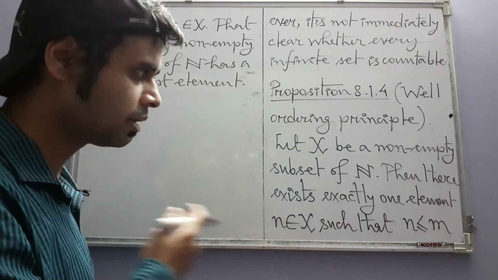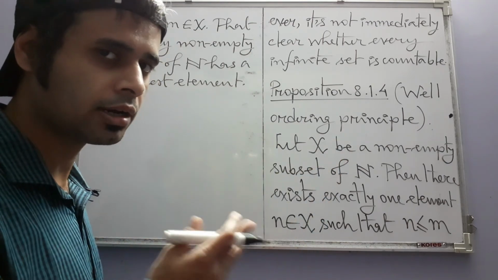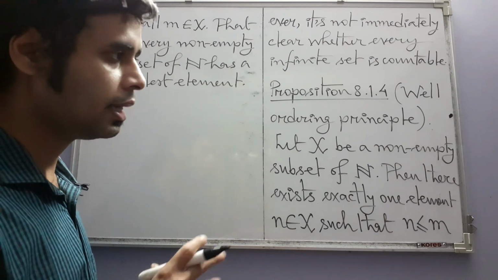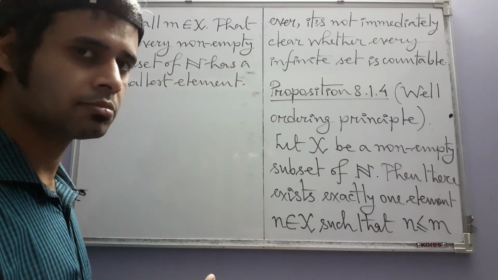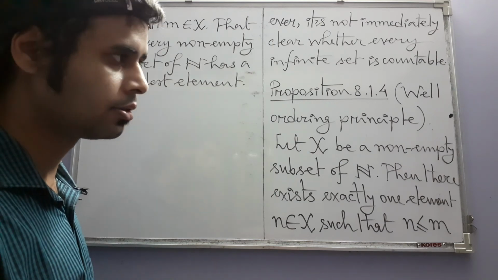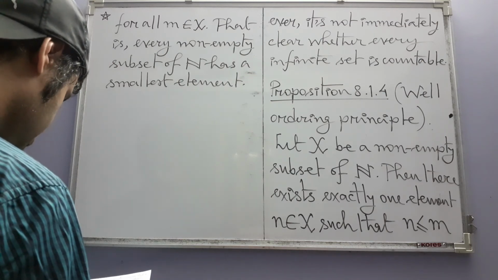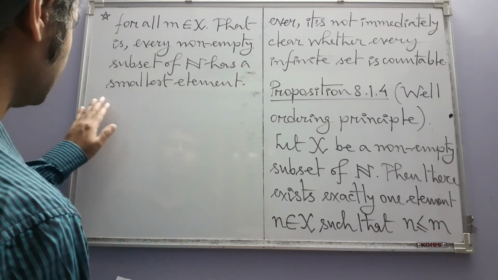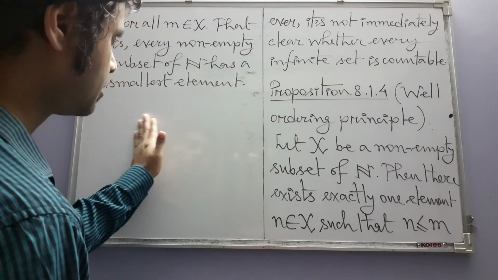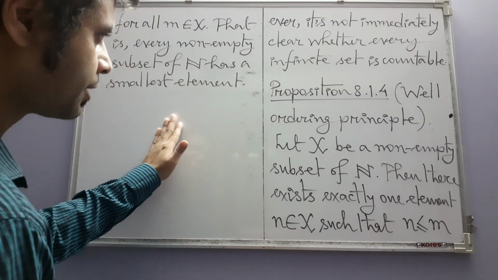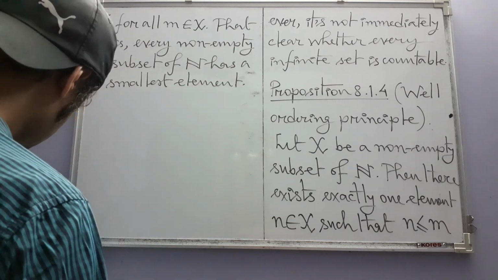So these two statements are actually logically equivalent. Any one of them can be chosen as your axiom, and the other then becomes a theorem. We will prove this in, I think, exercise 8.1.2, the second one. We will see when we deal with the exercises.